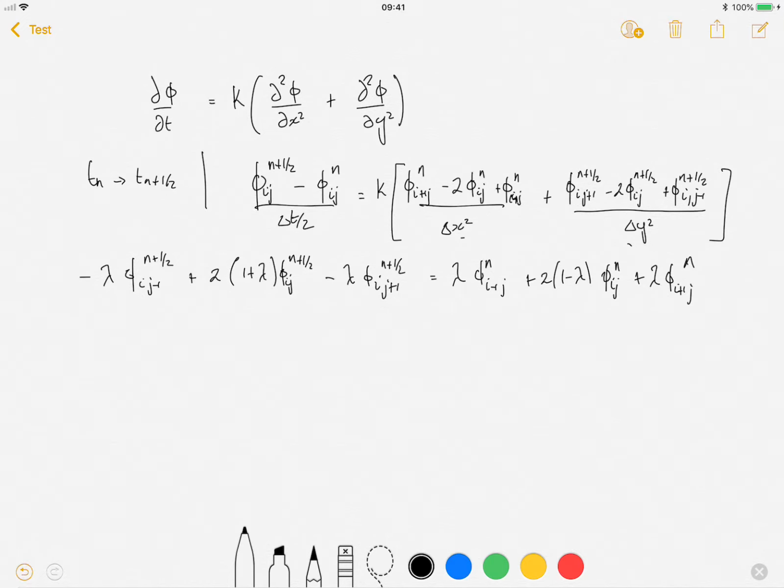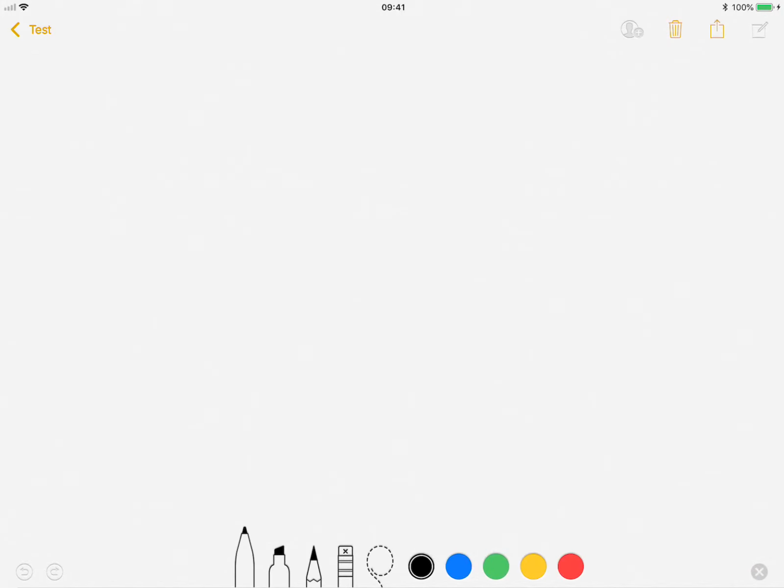Okay, so just remember that now λ is equal to kΔt over h², because Δy equals Δx.